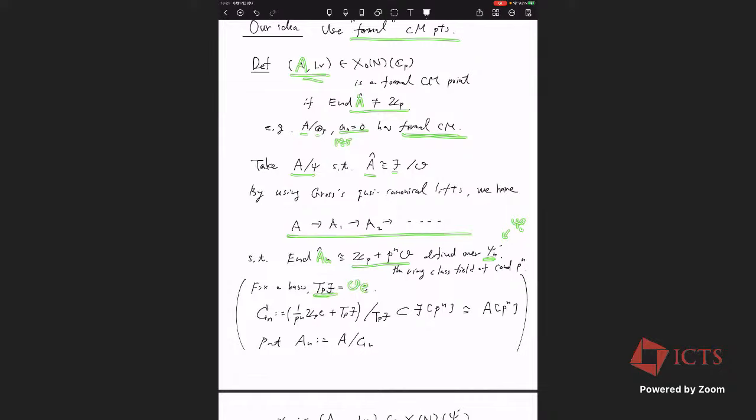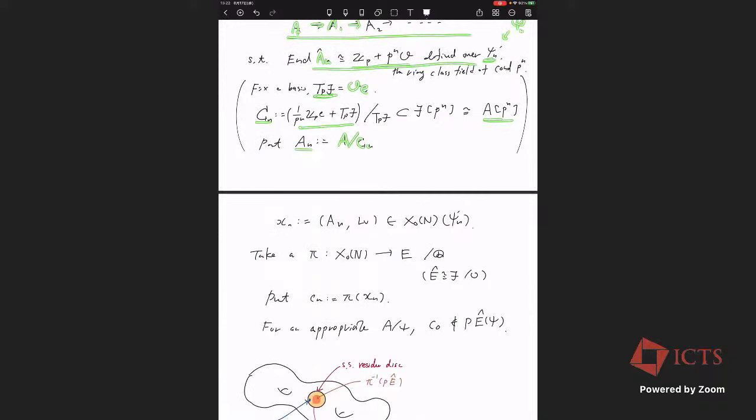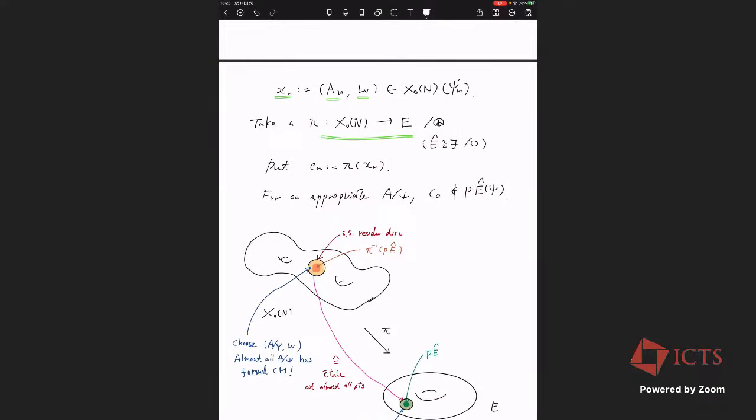So we take a generator e, and by using such a module, we have a cyclic subgroup C_n of order p to the power n in A, and we divide A by C_n, and the graph shows that this in fact satisfies these things, and we have a sequence of isogenies. Let x_n be a formal CM point associated to A_n with appropriate level structure, and take a modular parameterization again, and put c_n as the image of x_n.